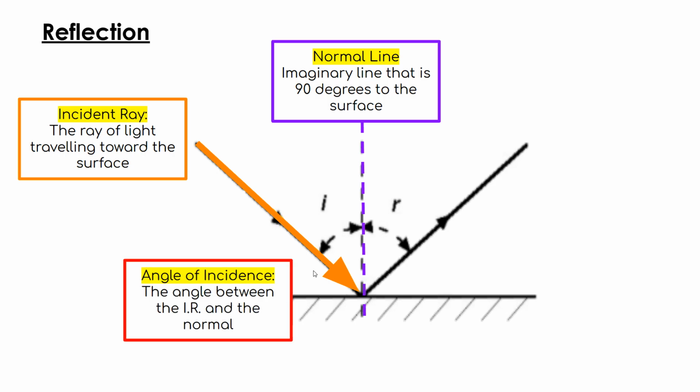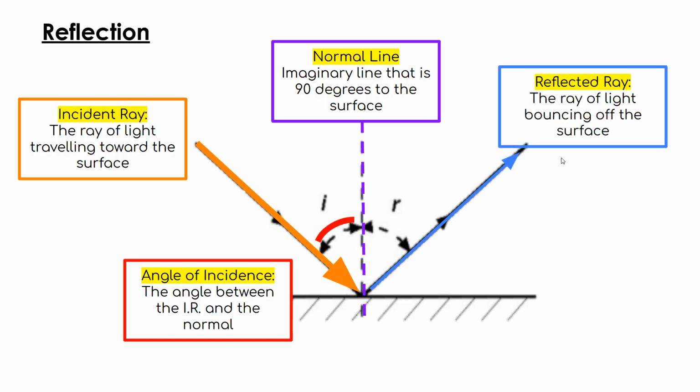Now the angle of incidence is the angle between the incident ray and the normal line. It's referenced here with this i, and it's been placed with that red little marker. The blue line represents the reflected ray.